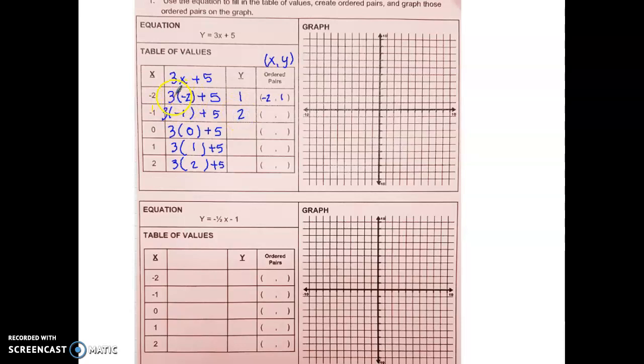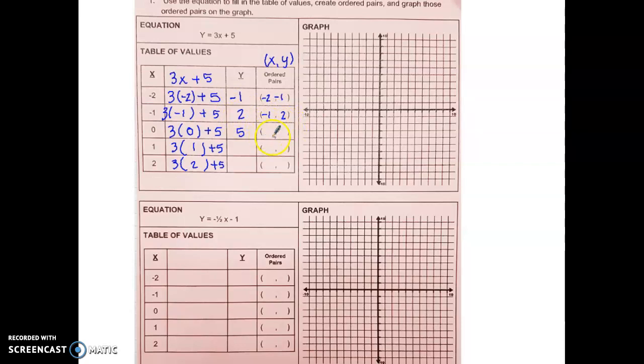Ooh, shoot, sorry. 3 times negative 2 is negative 6 plus 1 is a negative 1, not a positive 1. And then this is a positive 2. 3 times 0 is 0 plus 5 is a 5, right? So my x value for this one is negative 1 and my y value is 2.